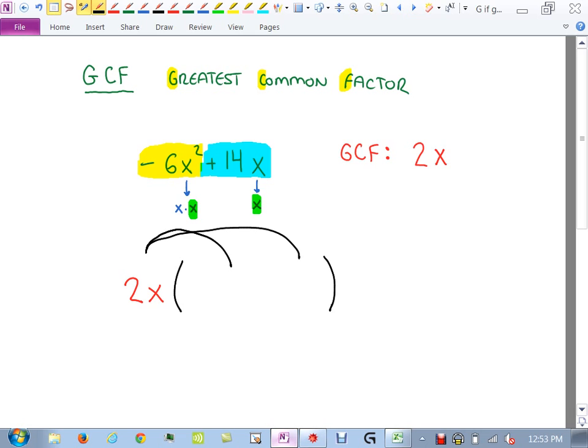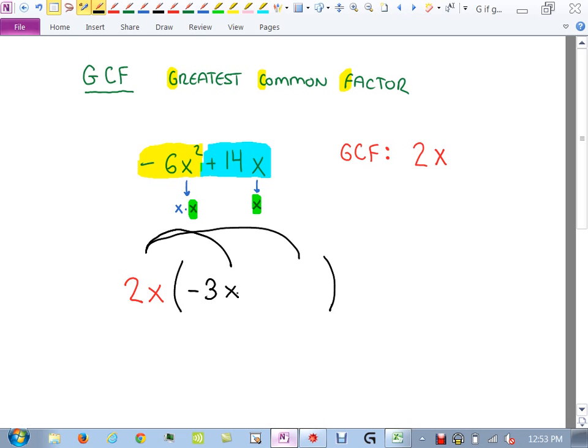What do you have to multiply 2 by? -3? Good. And then what do you have to multiply x by to create an x squared? You'll need a single x, won't you? Does that make sense? Does that take care of the first term of the binomial up there? Have I created that? Yes?